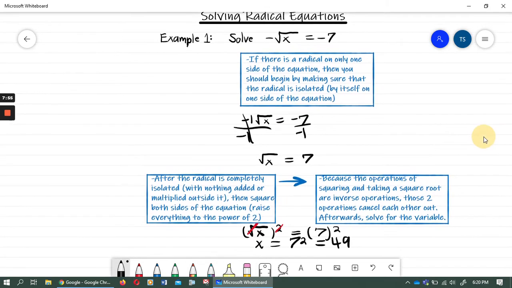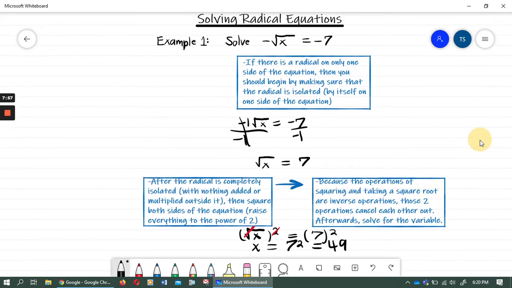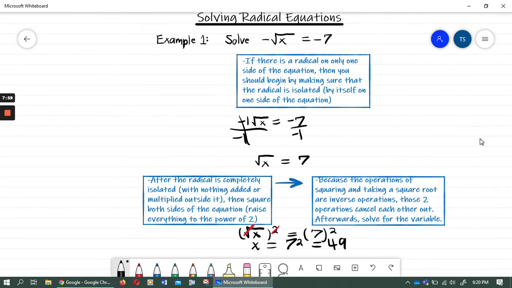And again, I'm going to make mention here that you should, especially when you're doing these radical equations, but really with any type of equation that you're solving, make sure that you go back and plug the answers that you get into the original equation to make sure that it works. I'm not going to do that with this first equation.